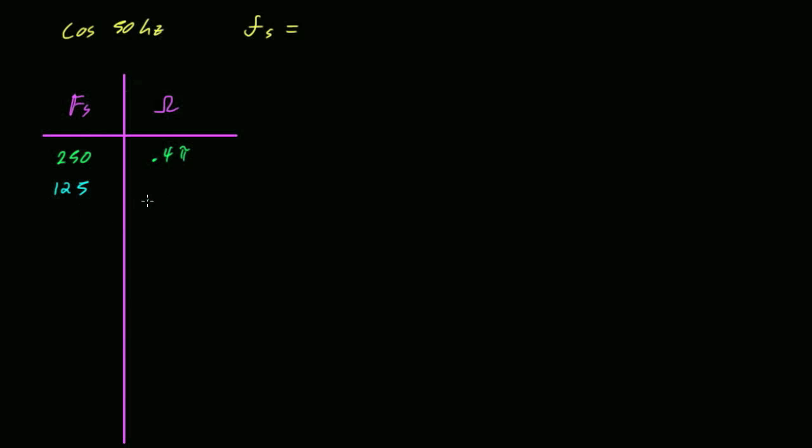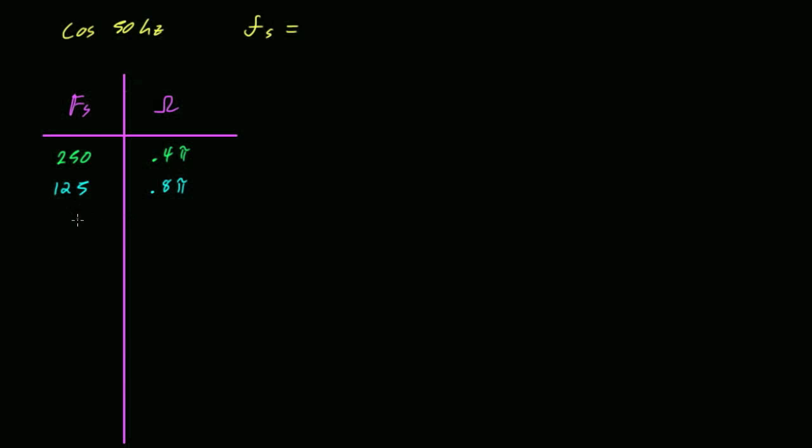Let's calculate what my discrete time frequency is. It's 2 pi times 50 over 125, so that's 100 over 125, which is 4/5, or 8/10 pi. Should we try making it a little smaller?